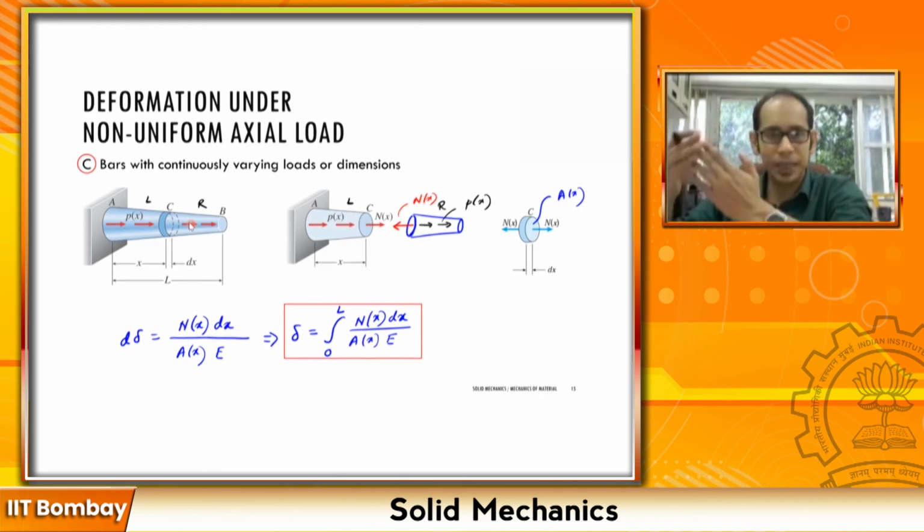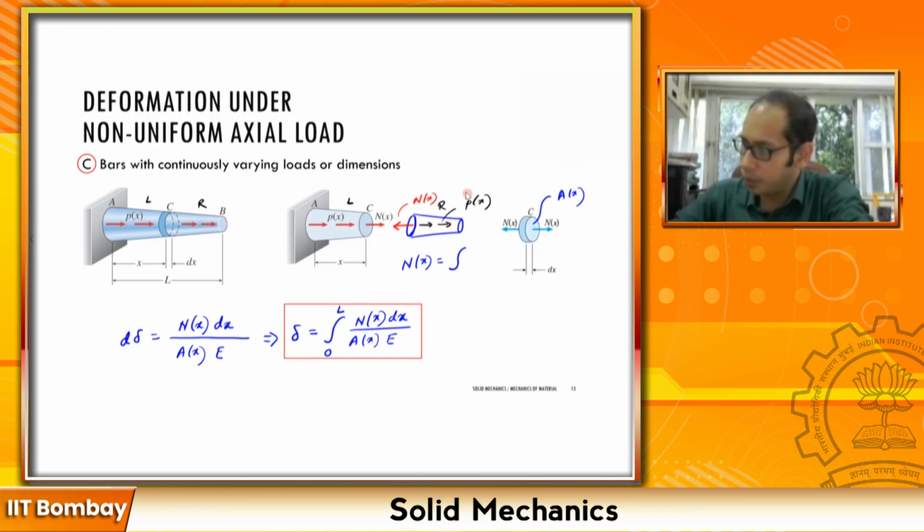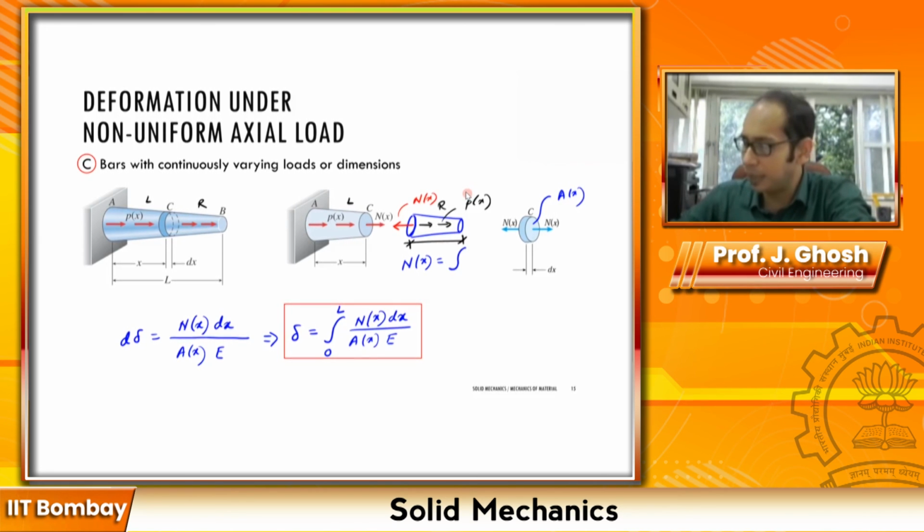So as you can tell from equilibrium, my N(x) would be the integral, if I'm talking about the equilibrium of this right half, across this entire length. This particular length is going to be L minus x, because this section I've taken as x over here, right?